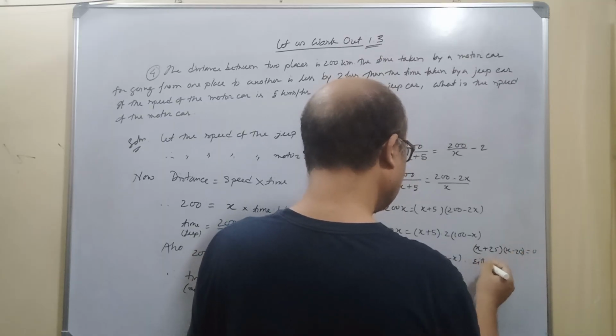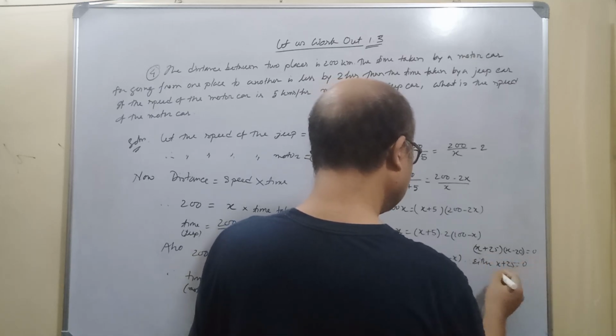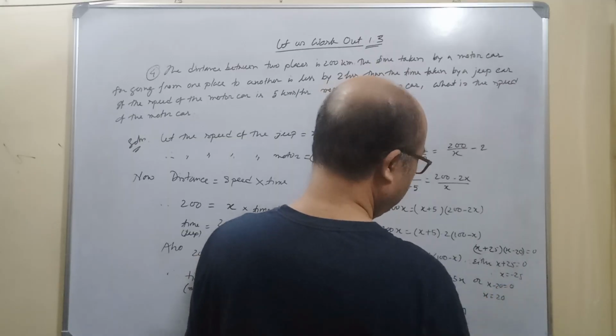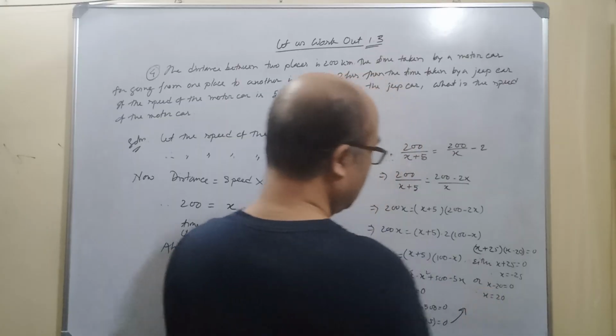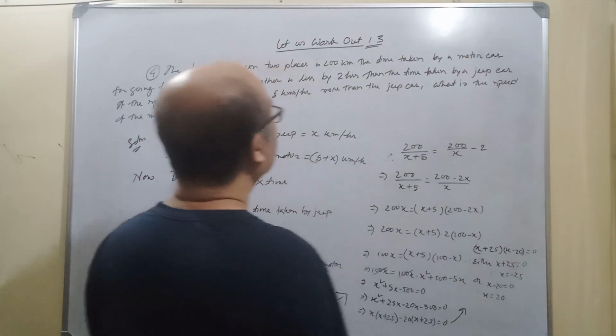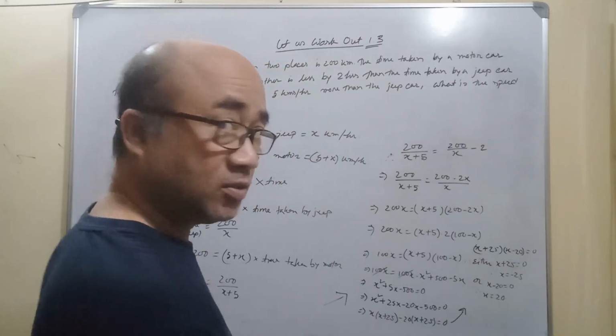Hence either x plus 25 equal to 0, hence x is equal to minus 25, or x minus 20 equal to 0, x equal to 20. Now we get two values of x, minus 25 and 20. Now we are talking about speed, right? So speed cannot be negative.